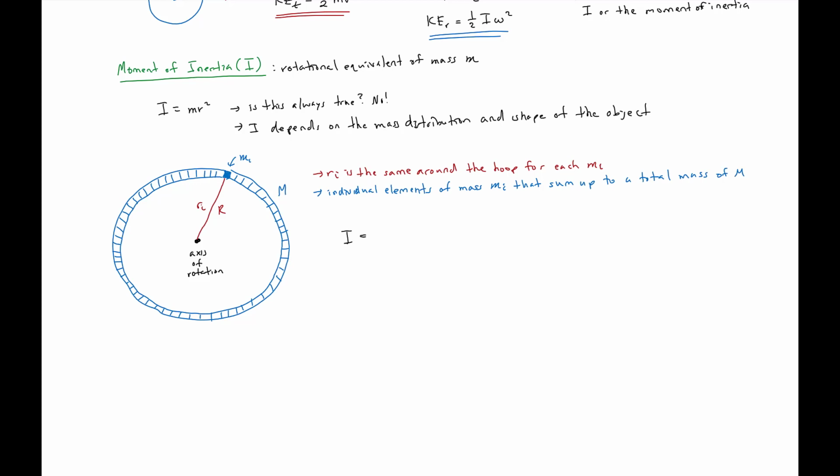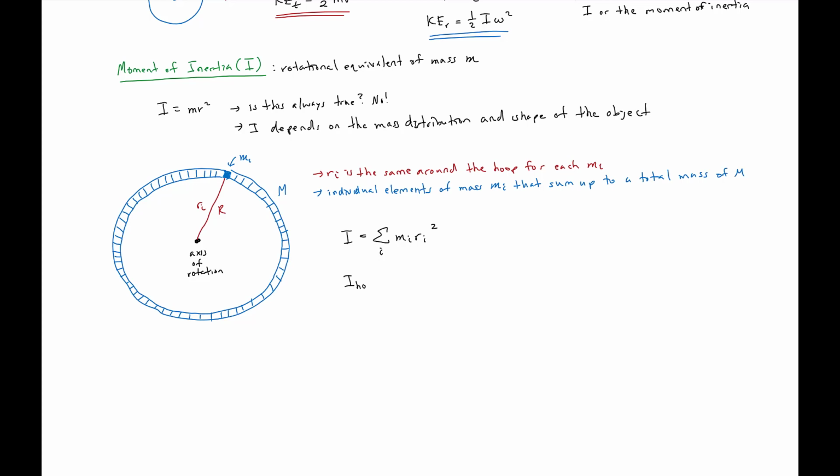I is equal to the summation of all of our individual masses times the distance it's away from the axis of rotation squared. For the hoop example here, we know that the total mass of the hoop is m, so all the little mi should add up to capital M.